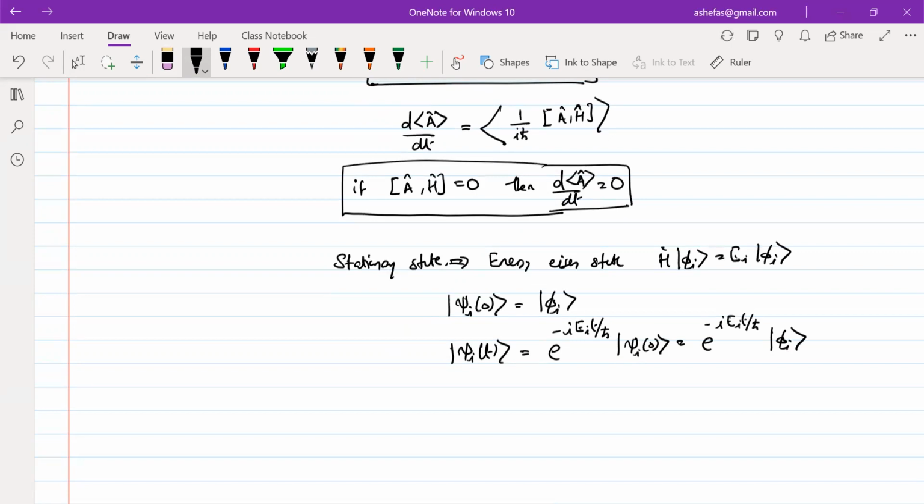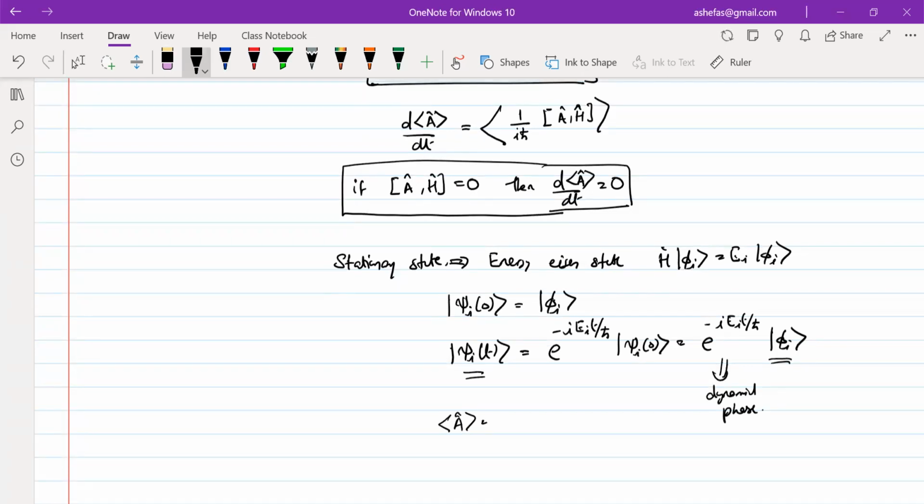So if the initial state is one of the energy eigenstates, then at a later time also the state of the system will remain in the same energy eigenstate, but apart from a phase factor. This is called the dynamical phase, and there is usually no relevance for it. If you find the expectation value of an operator, or the norm of the vector, the dynamical phase cancels, as we have shown earlier.